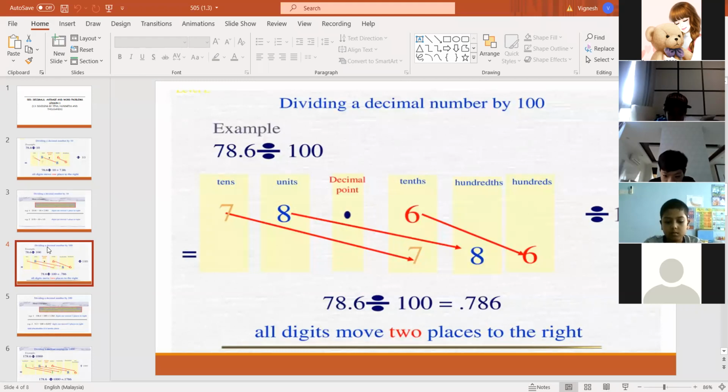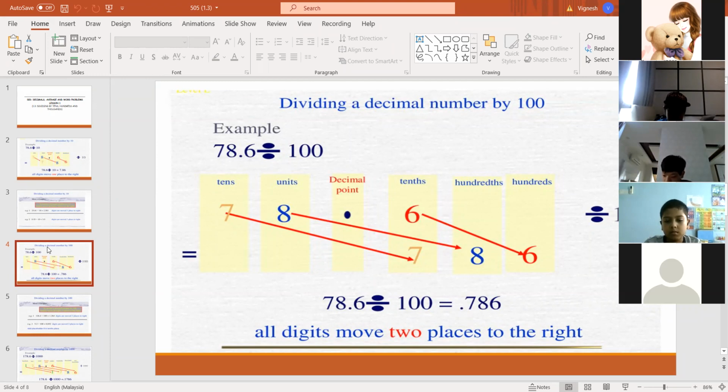By 100 means you are moving how many decimal places to your left? Class. Is that very hard, the question? Class, how about dividing by 100?